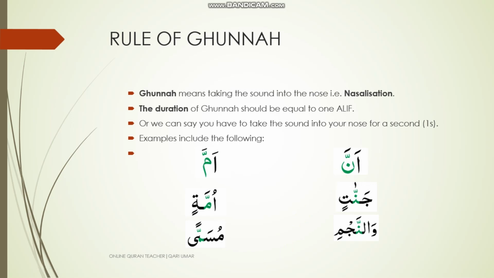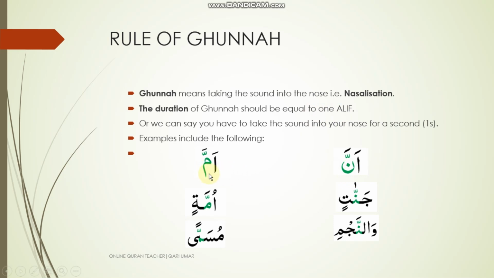Right now I will only be reading this whole word with its pronunciation, not making a spelling. I want you to understand how to make Gunnah here. Listen to me very carefully. Right now I'm making Gunnah. It is an. You have seen I have taken the sound of the noon into my nose for a second, so that is called Gunnah.